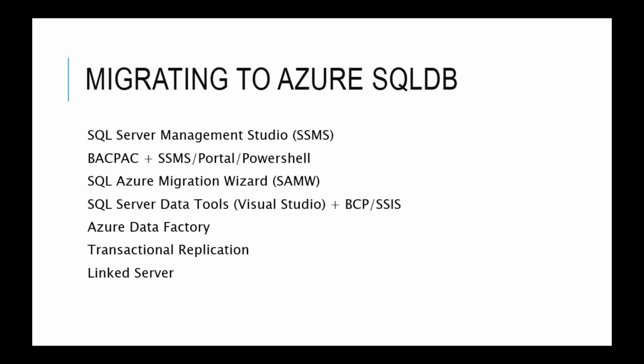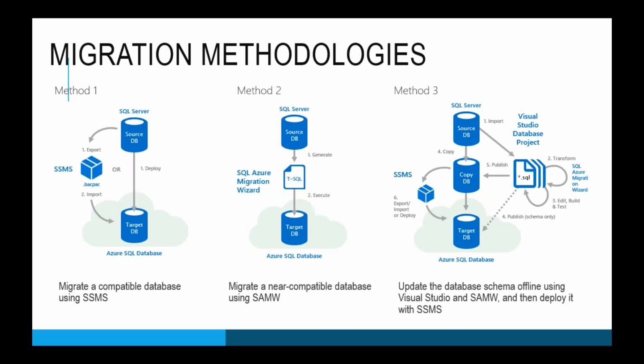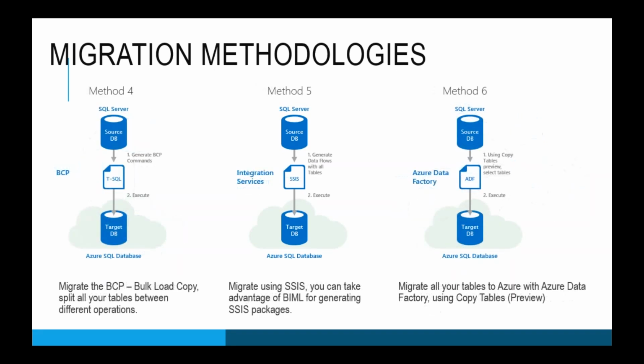All right? And you can use another way I learned a couple of months ago. Some very smart people even use the linked server from on-premises to Azure SQL DB to migrate the schema and the data. Very, very interesting. A couple of slides, you can watch them later since we're getting close to the end.